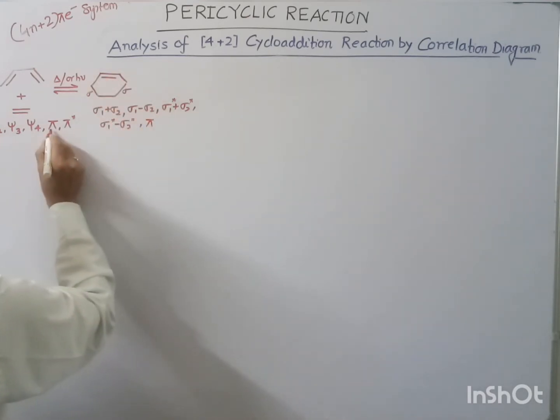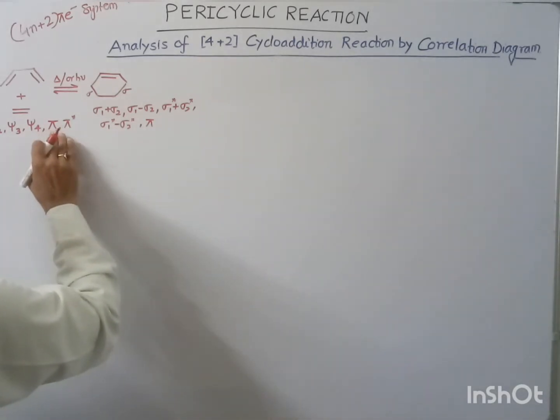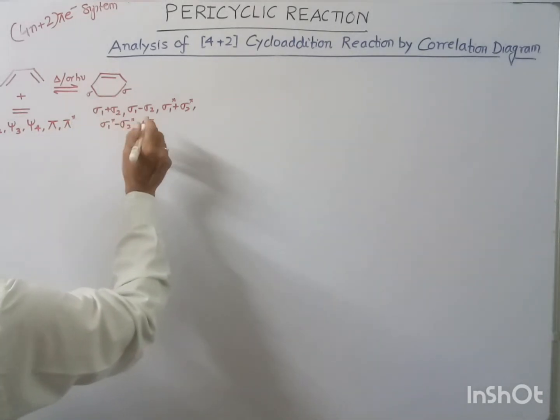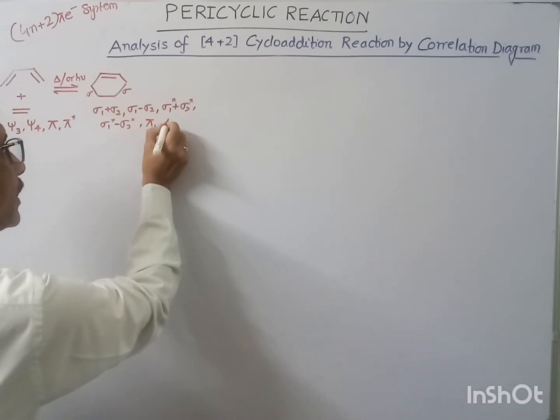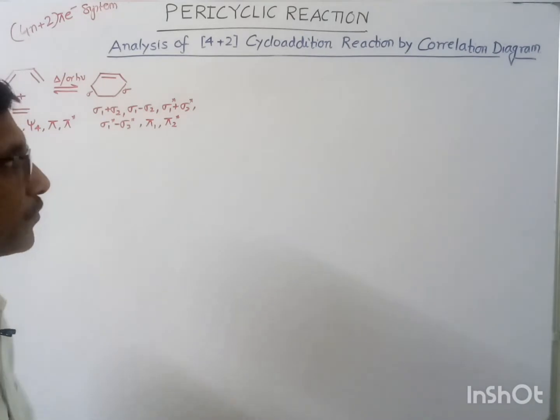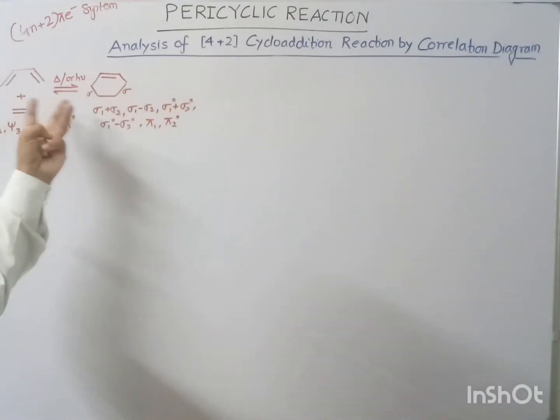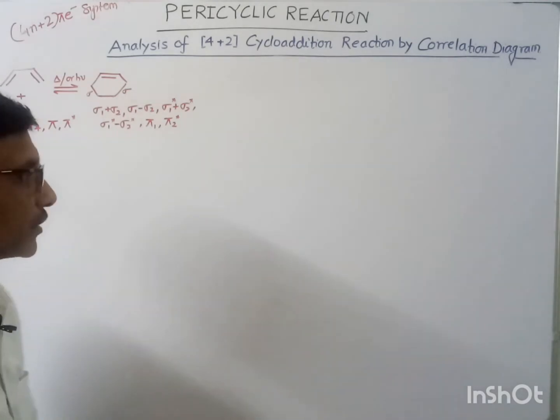I can write it because I have written here pi and pi star. So to distinguish this one from this one, I will write here pi 1 and another one is pi 2 star.